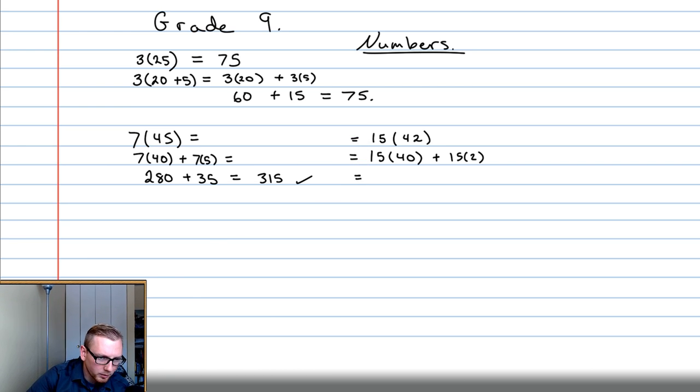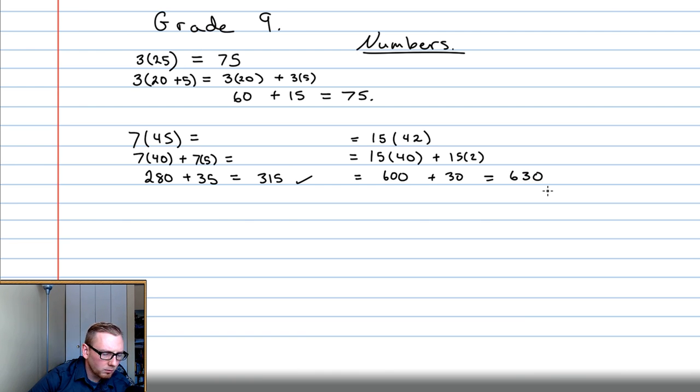Which, well then, what do we do with that? 15 times 4, well, that's an easier number for us to work with, right? 15, 30, 45, well, 60. So 60, add a 0, 600. 15 times 2 is 30. There we go. Add them together, 630.